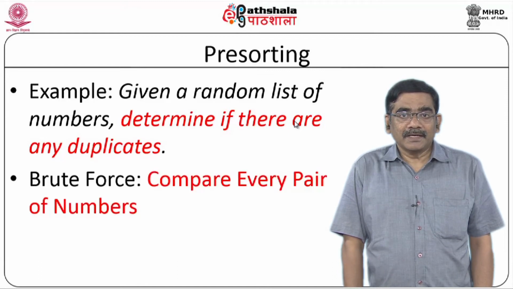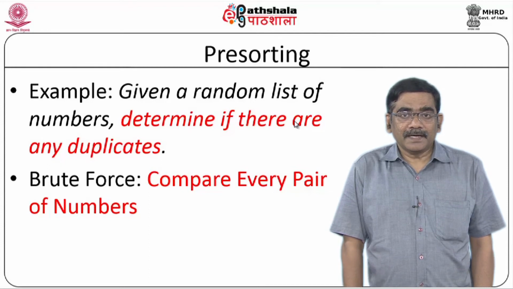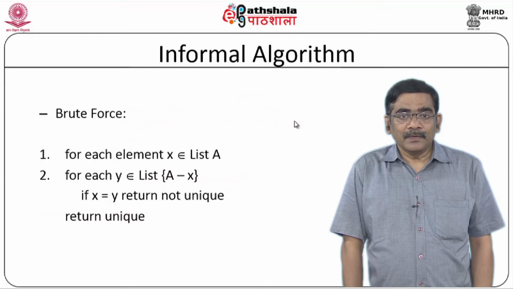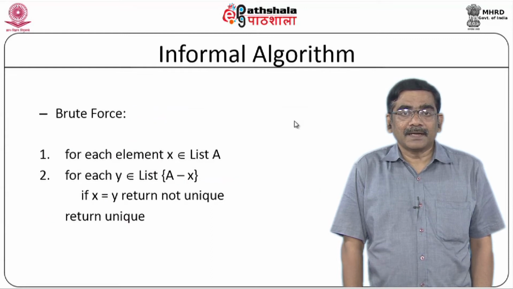How can we check the duplicates of numbers? For checking the duplicates, we have to compare every pair of numbers, and if the comparison gives the same result, we can conclude that there are certain duplicates. We can solve this problem in the conventional manner using an informal algorithm like this.